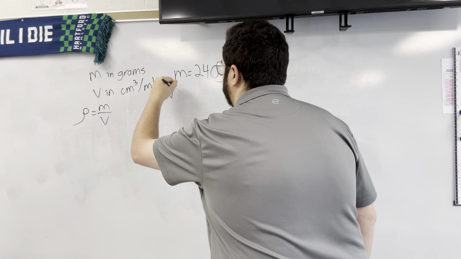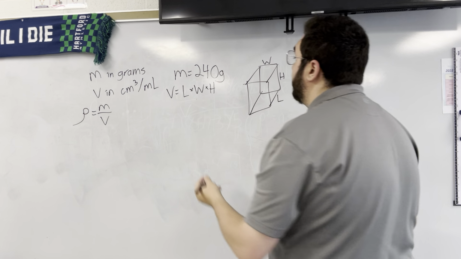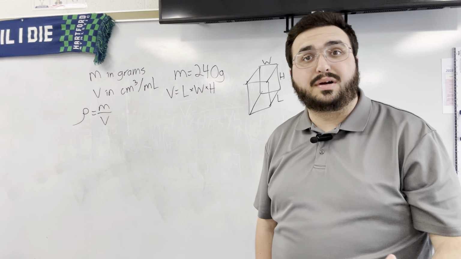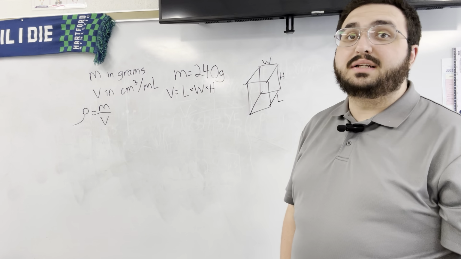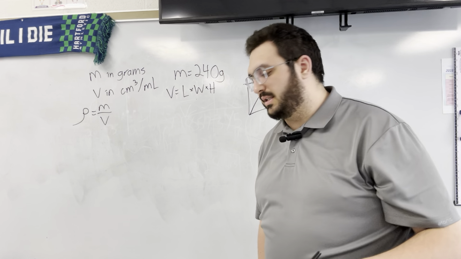So volume could equal length times width times height, which for a cube, all these numbers will be identical anyway, because it's a cube, right? It's the same exact side length on all sides. If I wanted to do that mathematically, I could absolutely do that. But there's an even easier way I could do this.